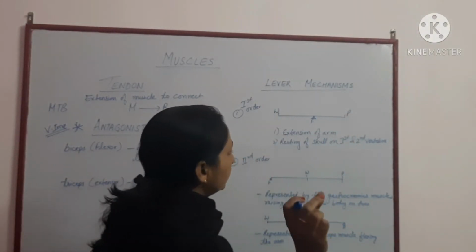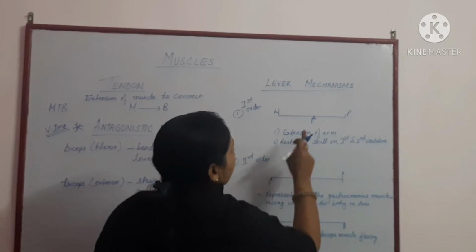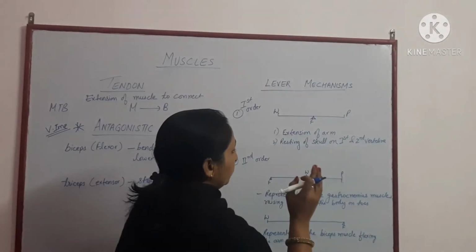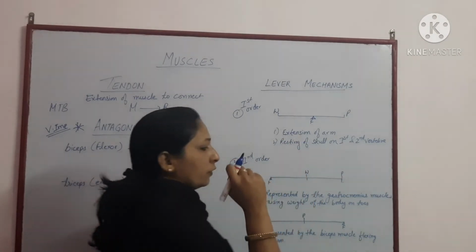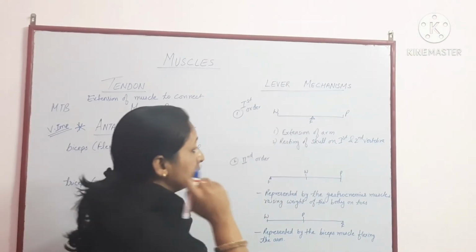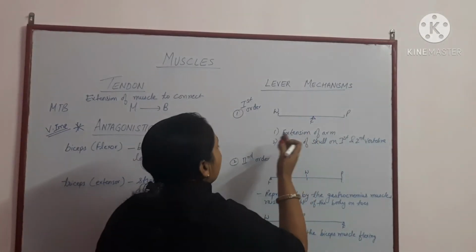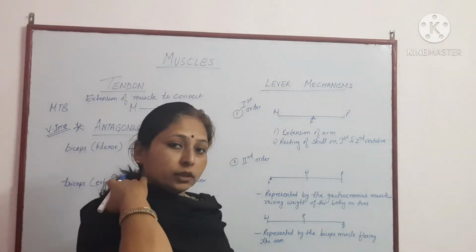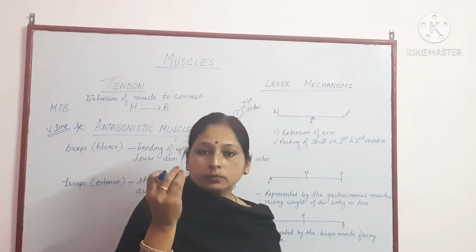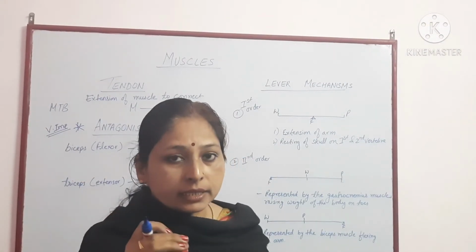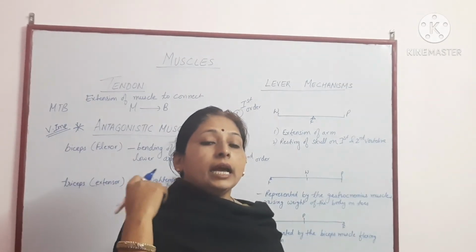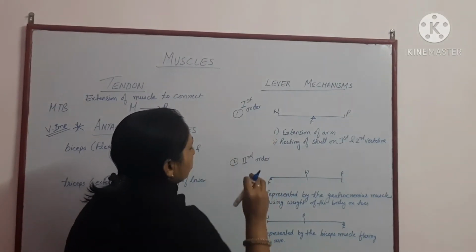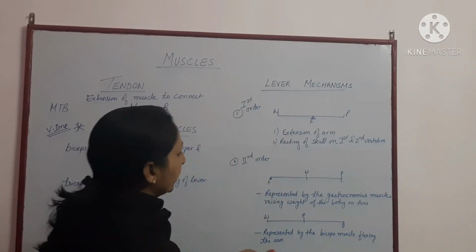Examples are the extension of the arm in the triceps region, and the resting of the skull on the first and second vertebrae, the atlas and axis. These two show the first order lever mechanism.